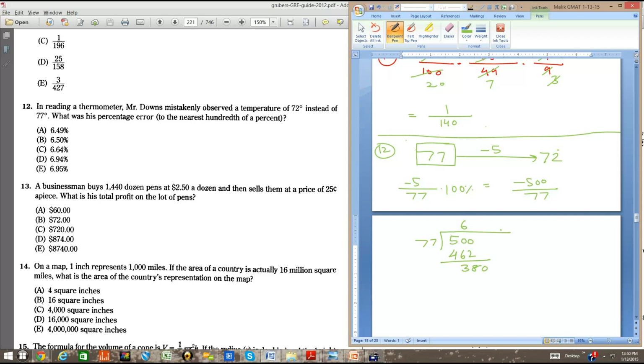If 38 goes in there, how many times? 380. So 77, it doesn't go in there 5 times. It goes in there 4 times. So right there, you know that all the options you have left is A. So you don't have to do any more long division. You can stop right there.